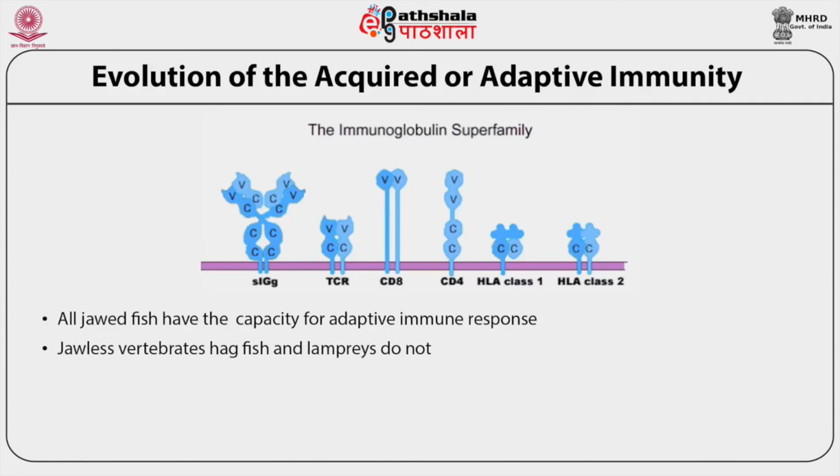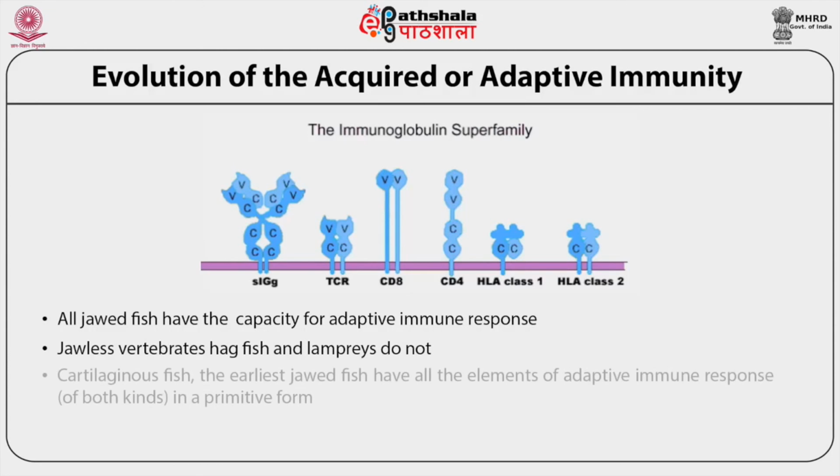Jawless vertebrates, hagfish and lampreys, do not have adaptive immune response. Cartilaginous fish, the earliest jawed fish, have all the elements of adaptive immune response of both kinds, but in a primitive form.